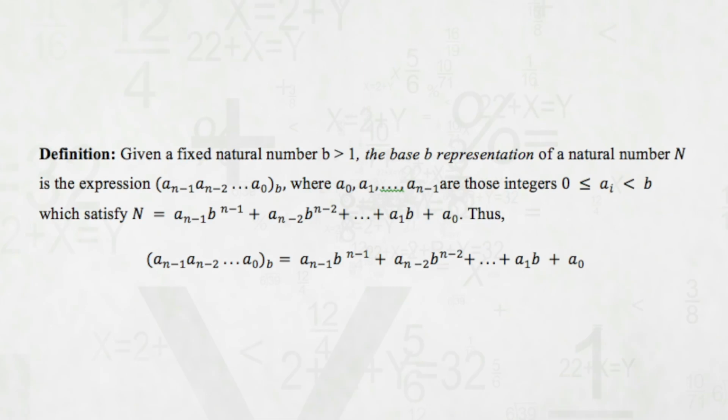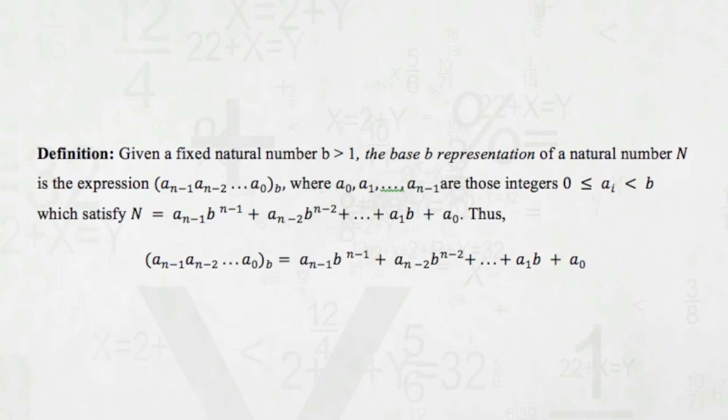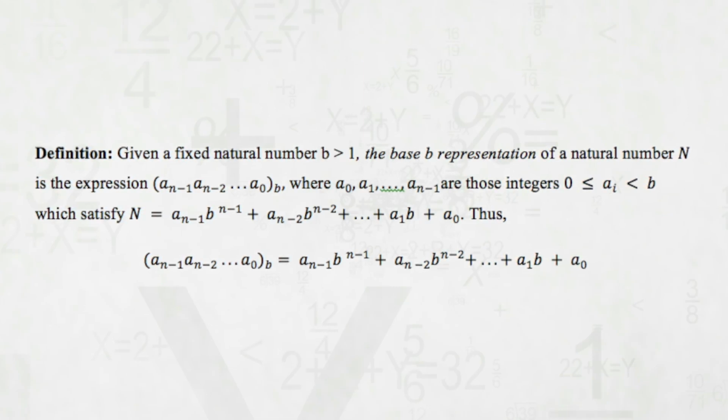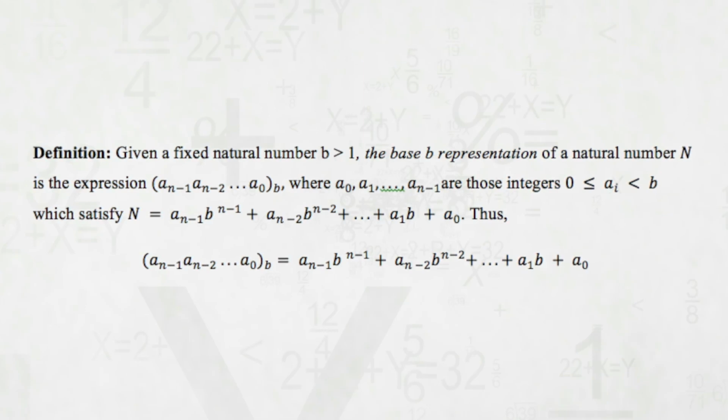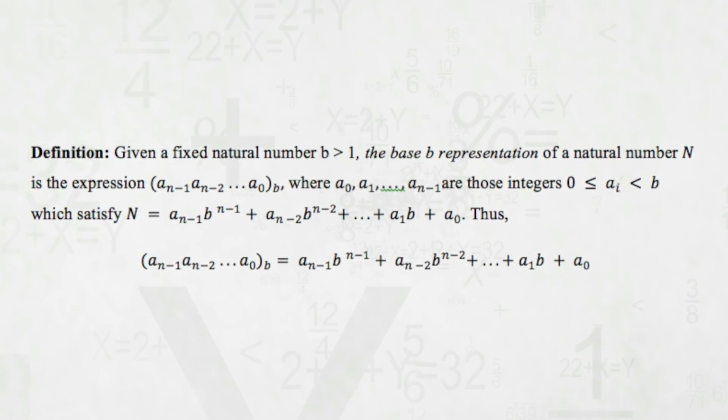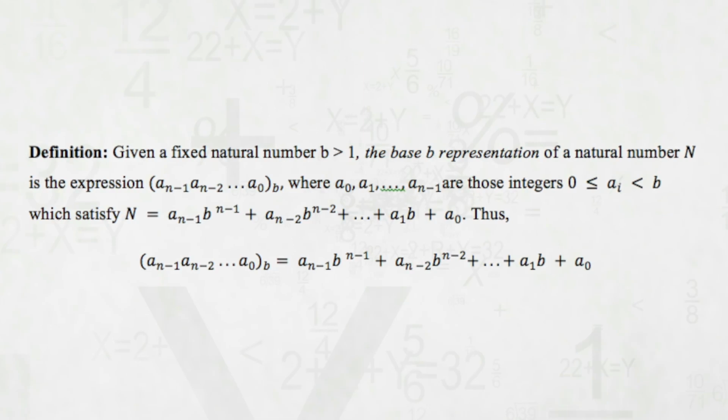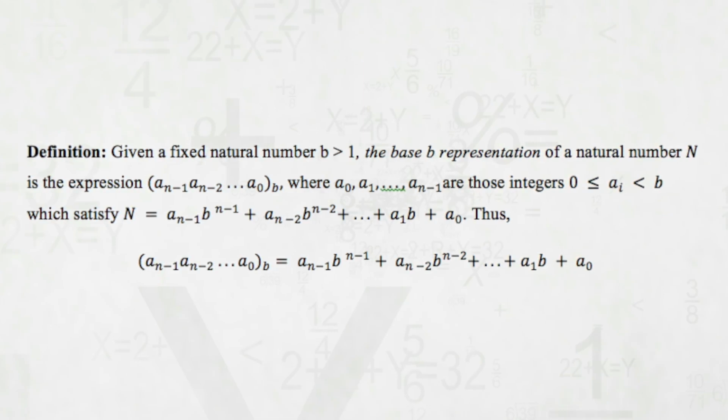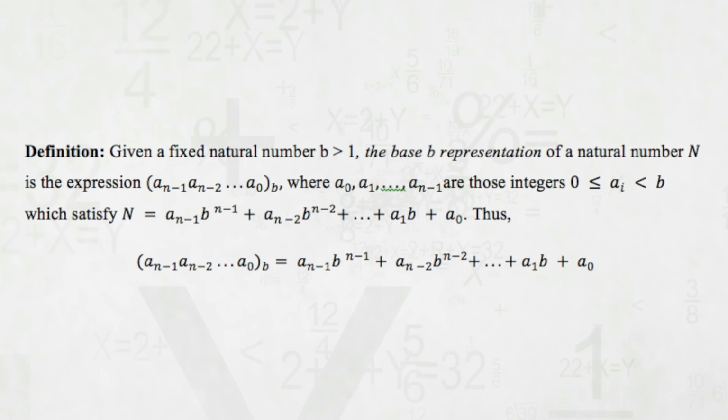Thus, we have a_{n-1}, a_{n-2}, etc., a0 to the base B is equal to a_{n-1} multiplied by B power n minus 1 plus a_{n-2} multiplied by B power n minus 2 plus etc., plus a1B plus a0.